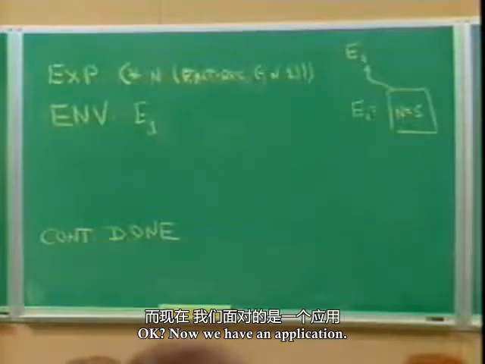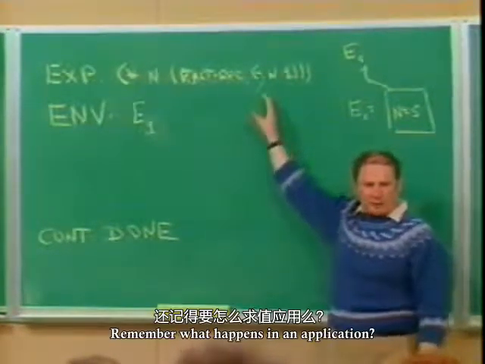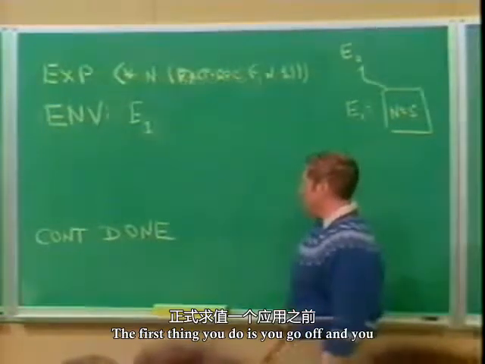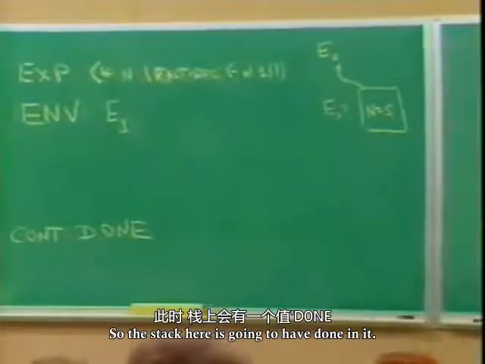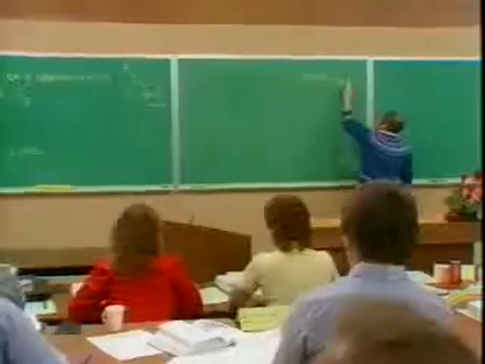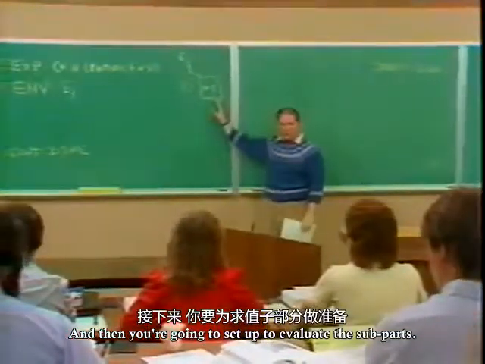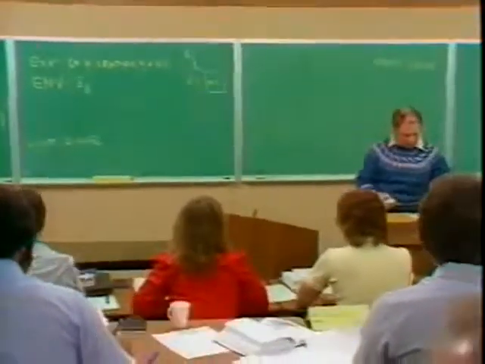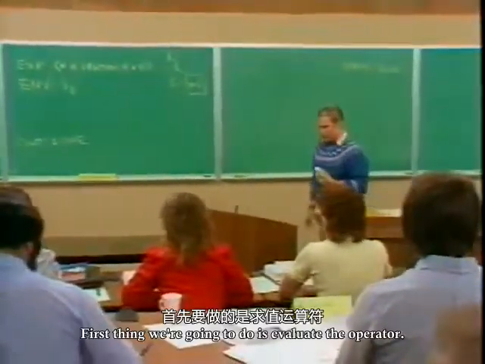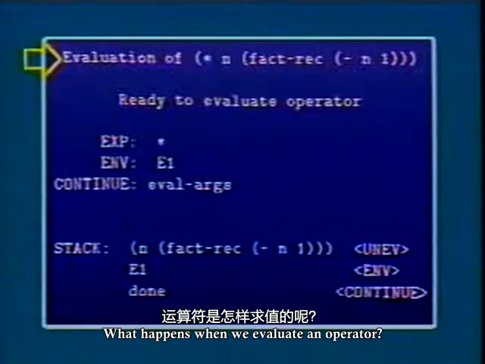Now we have an application. We did an application before. Remember what happens in an application. The first thing you do is save the value of the continue register on the stack. Then you set up to evaluate the subparts. First thing we're going to do is evaluate the operator. What happens when we evaluate an operator?